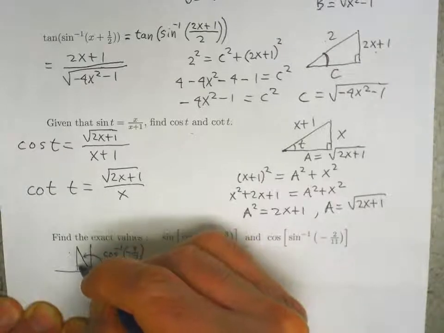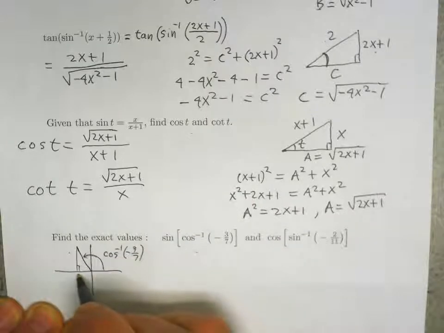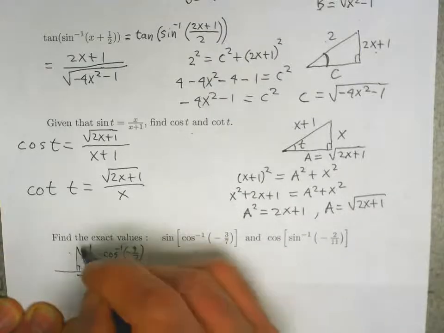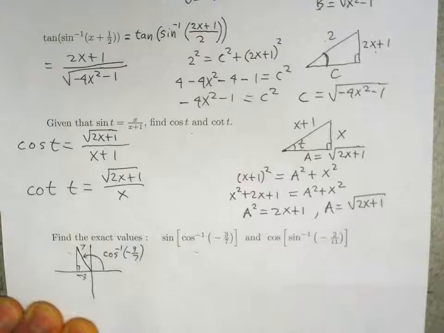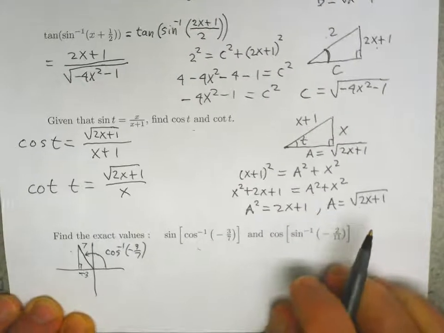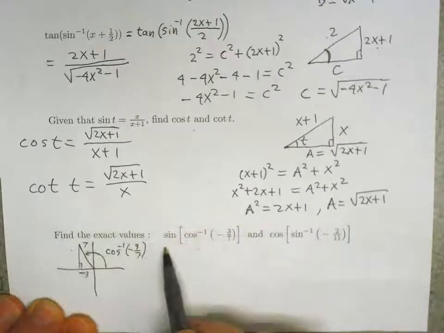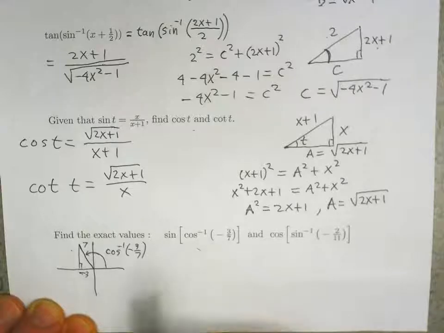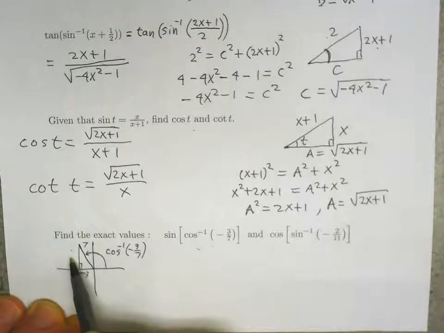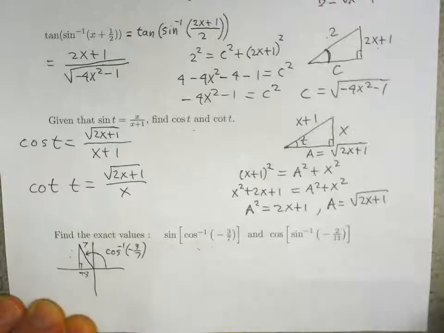So we can construct a right triangle. The adjacent side is negative 3 and the hypotenuse is 7. And in order to compute the sine of that angle, we need to know what the opposite side is.